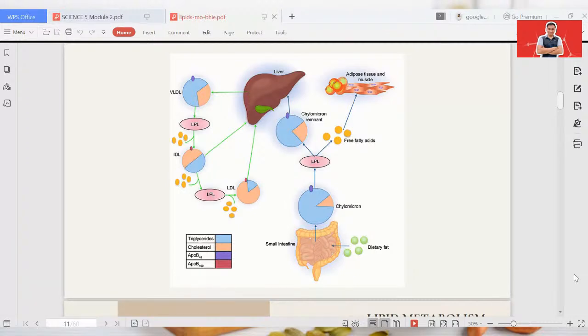Yung VLDL naman are like tanker trucks carrying triglycerides assembled in the liver to cells for energy and storage. So same lang ang VLDL and chylomicrons. Ang difference lang nila is kung paano sila gamitin ng ating body to produce energy or to store energy.